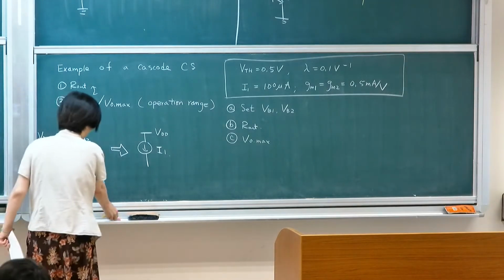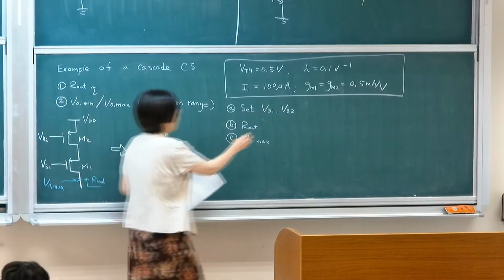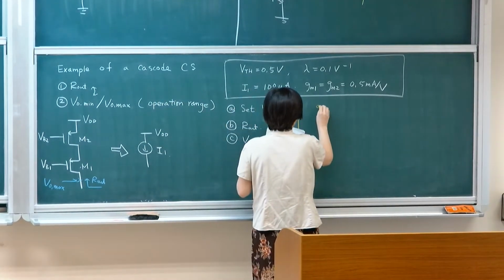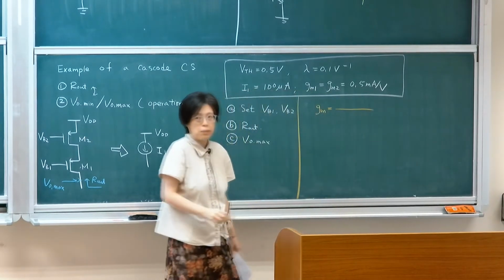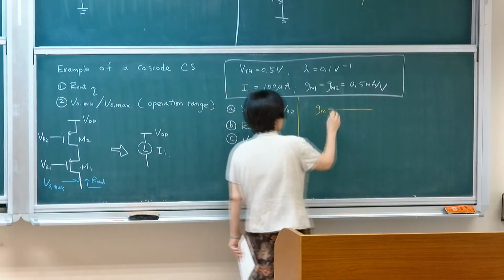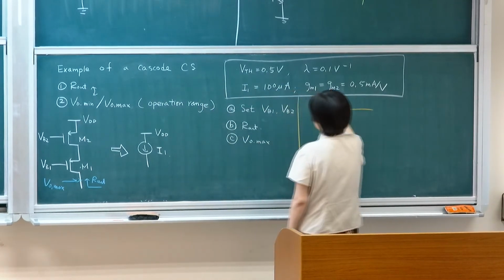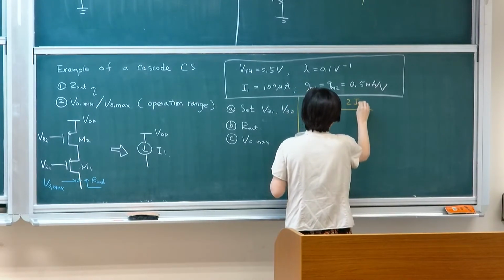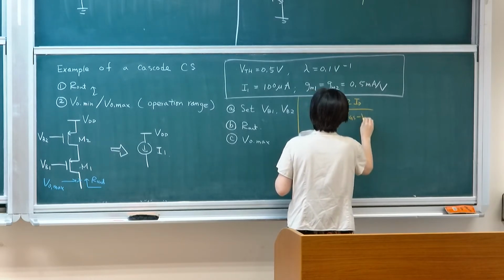So let's start by determining, we start with part A. So we know that GM can be expressed as, once again, we use this a lot, especially in design problems, because typically current is set by your target, and then you have transconductance being set. So this is ID over VGS minus VTH.